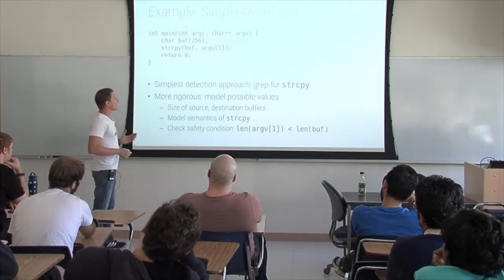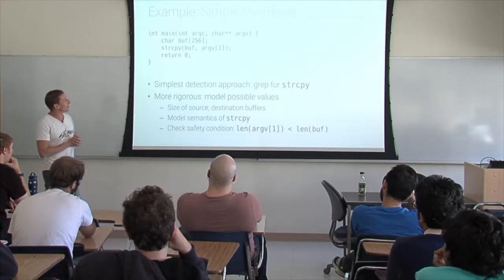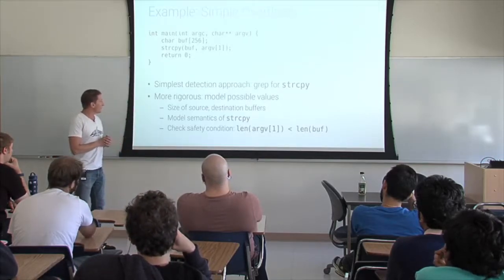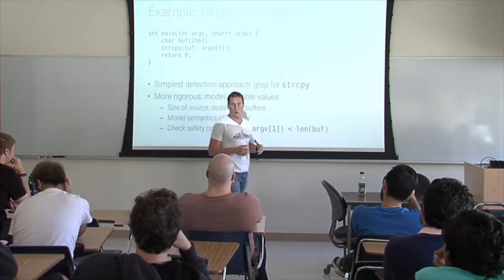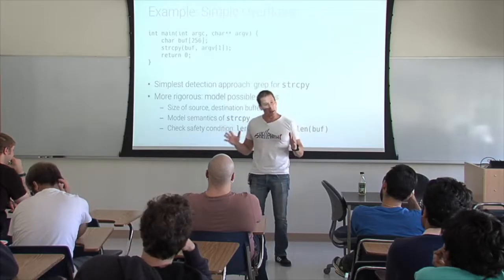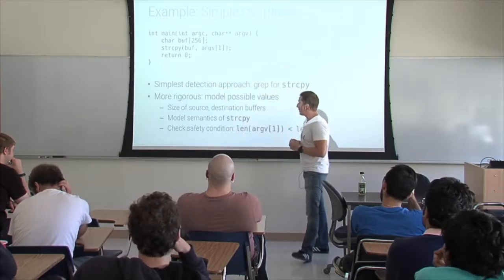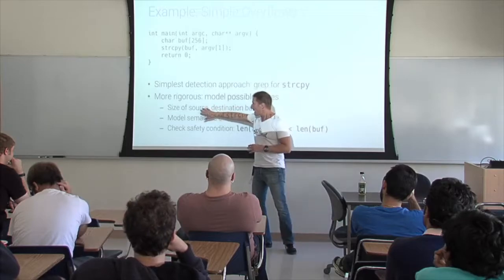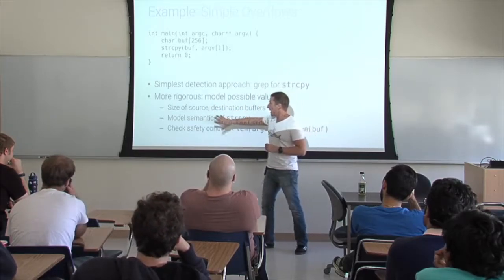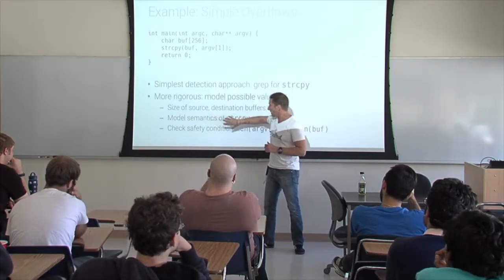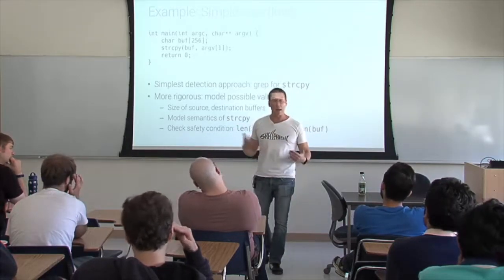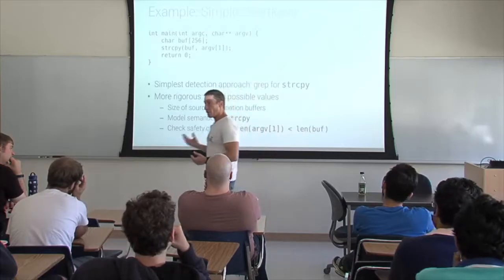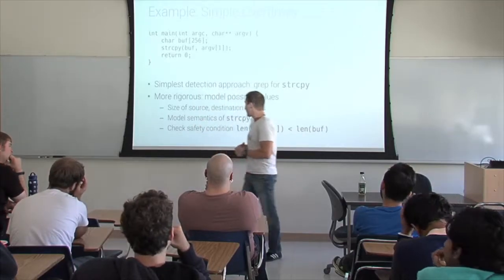This one in particular is obviously bad, as you probably immediately recognized. But of course, you can refine your model. String copy may be a little brutal. What if I have a model for the size of the source and destination? I model the semantics of string copy and maybe other functions like memcpy or scanf and so forth.